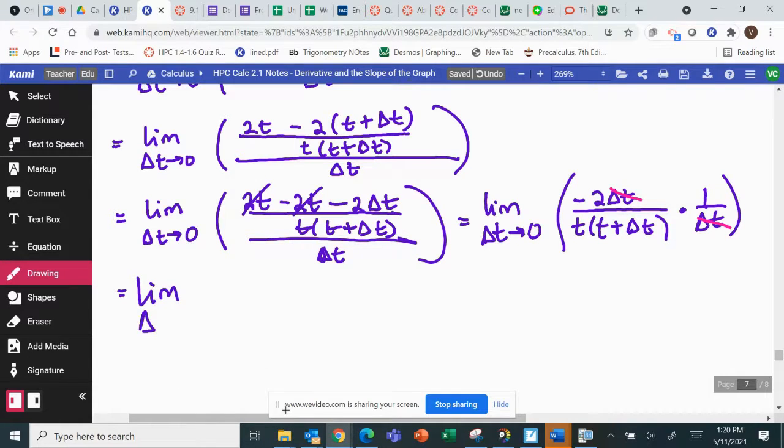So the limit as delta t approaches 0, we have negative 2 over t times t plus delta t. That's where I am so far. If I plug in 0 now for delta t, right here, will the denominator become 0?